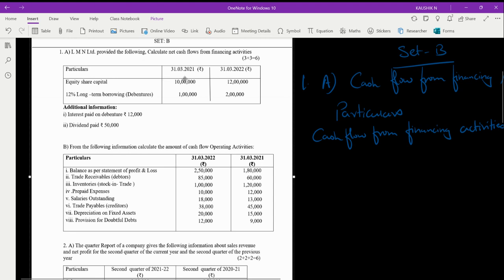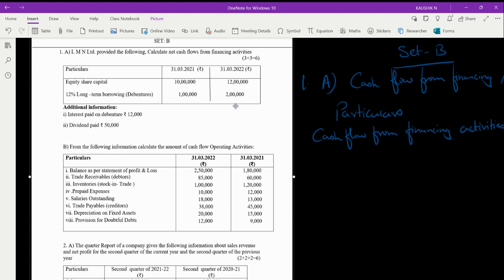But here, I made a change in such a way: first column representing your previous year, and the second column is representing your current year. Now, compare and tell me, compared to the previous year, current year value of shares has gone up or it has come down. Your share values have gone up or come down.